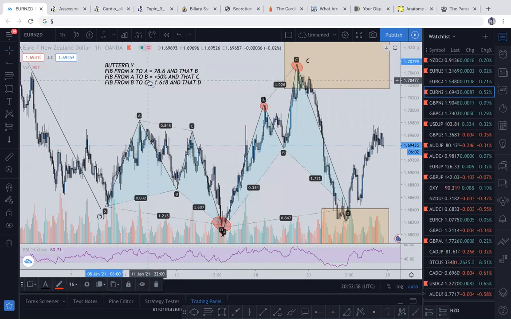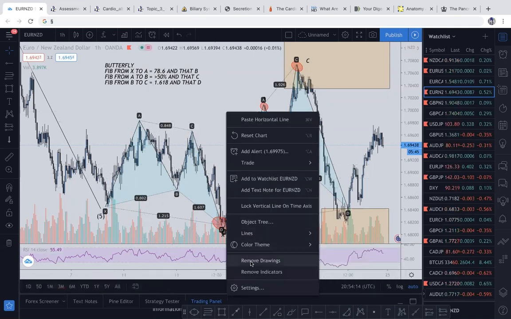This is all you need to trade the butterfly, guys. So if I put my fib from X to A, I need a retracement around 78.6. And that will be my B leg. Let's remove this and treat it with respect.